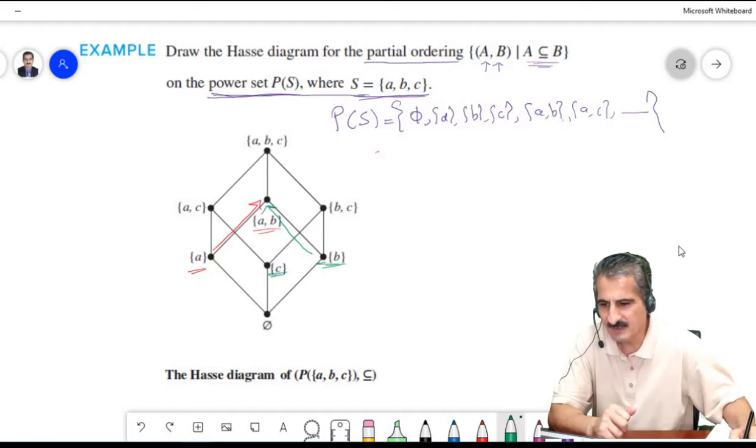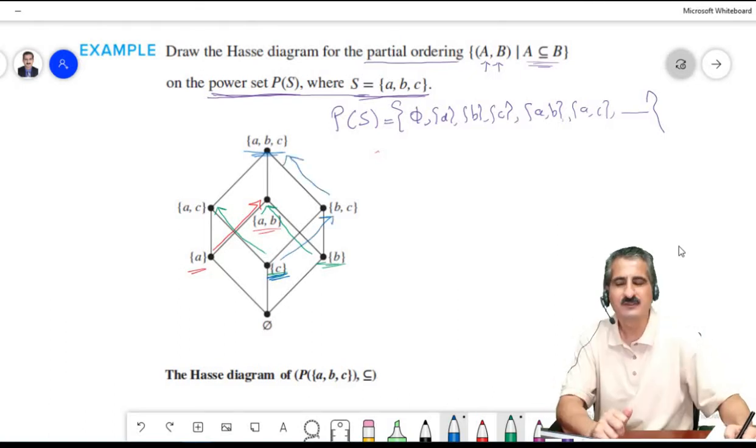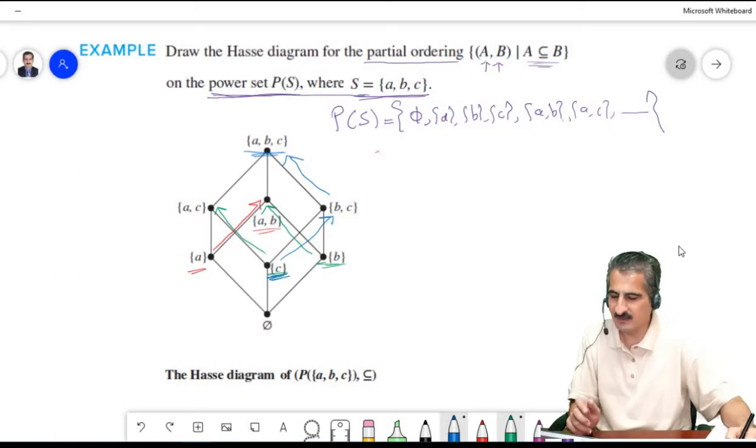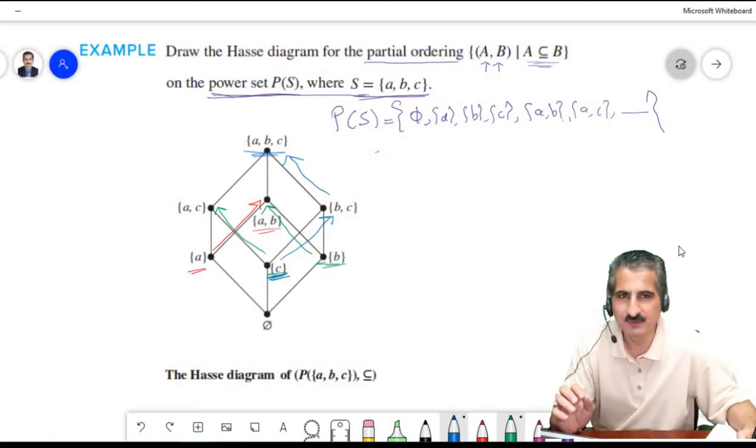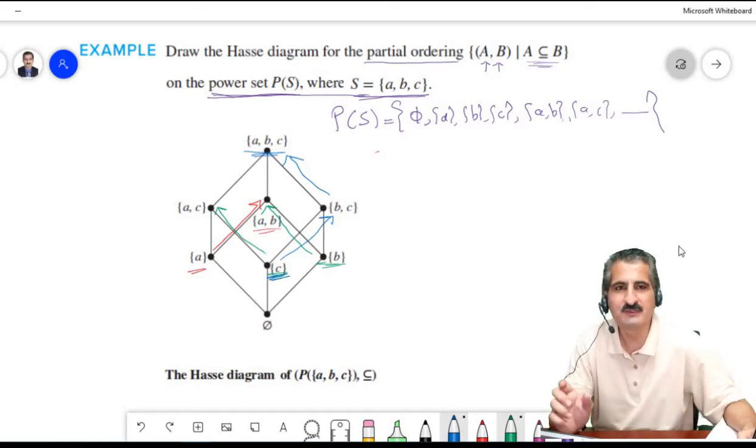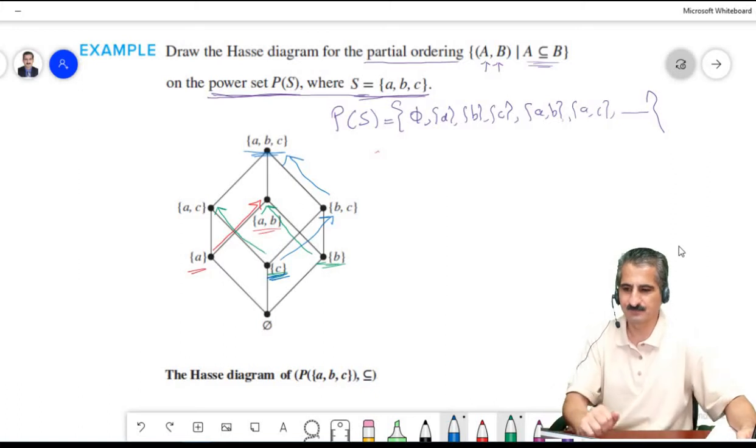Okay, the set C is contained in AC, or the set C here is contained in ABC, because it is contained in BC, and BC is contained in ABC. So I think you got the idea. Now, when you make such a diagram, try never to miss any line representing two elements that are related to each other. Okay?